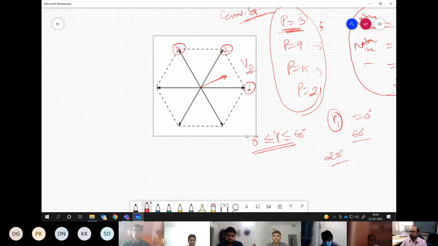The problem is, sir, the distance between the tip of the reference vector and the tip of the active vectors 1 and 2 will be less compared to vector 3. This is the error you are talking about.